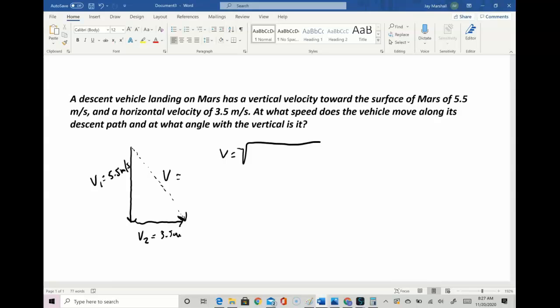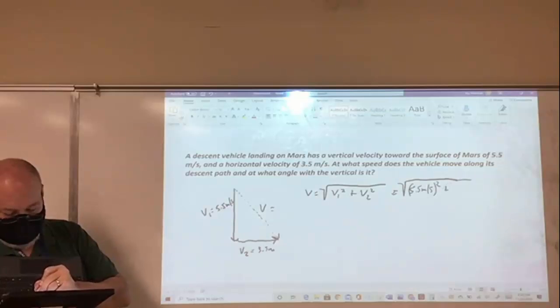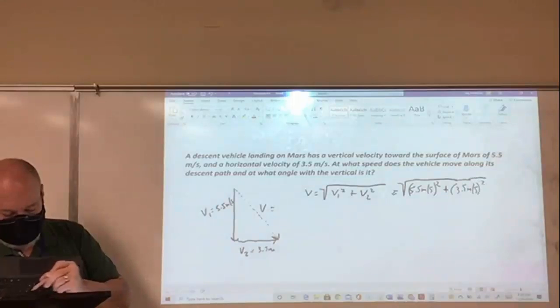Now that I know I have V1 and V2, I can say that V equals the square root of V1 squared plus V2 squared. So I need to see that formula. Then I need to see substitution into the formula. 5.5 meters per second squared plus 3.5 meters per second squared.